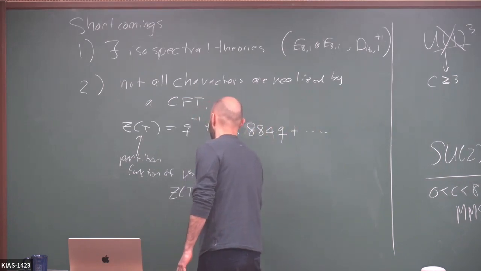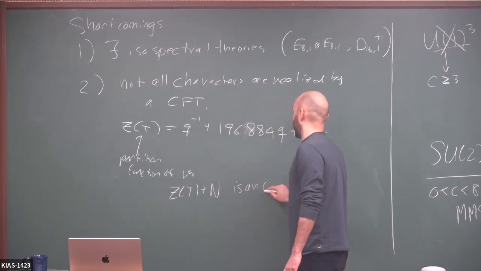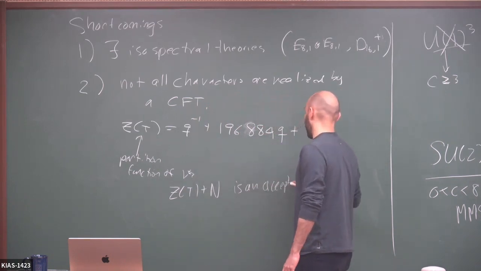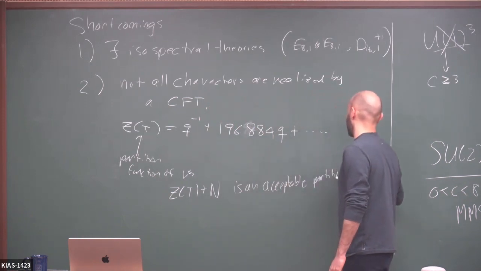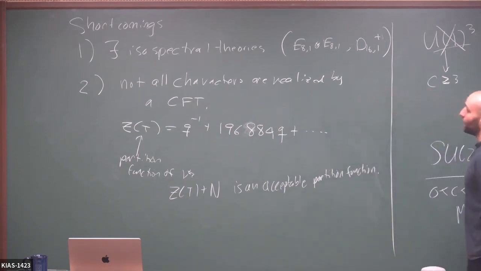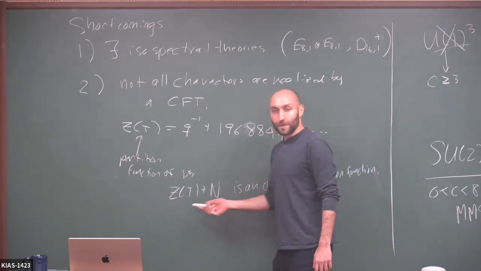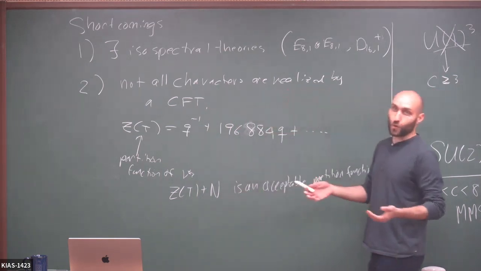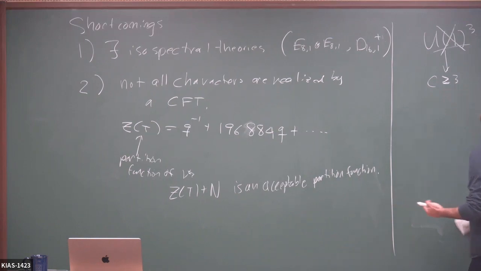Z of tau plus n for any positive integer n is a perfectly healthy looking partition function. It's positive, it's modular invariant, all that good stuff. But we know that there are only finitely many theories with central charge 24. So infinitely many of these healthy looking characters don't correspond to any theory at all. So you need additional arguments to tell you when there's a theory and when there's not corresponding to a character.